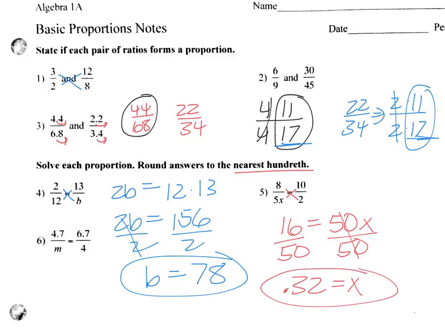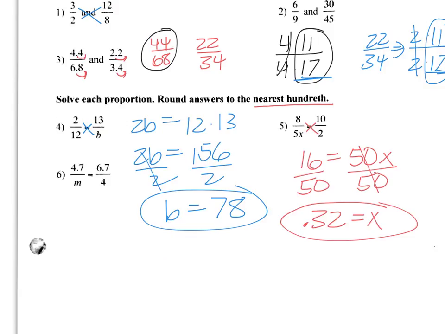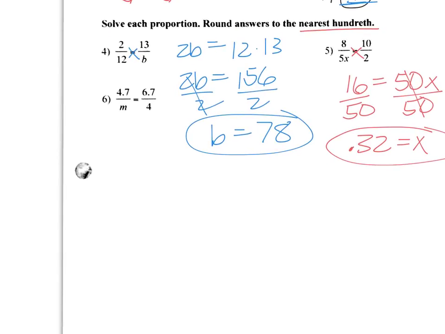So, all right, let's do this last one here. Again, just cross multiplying. I'm going to grab my calculator here for this one since it is decimals. So I'm going to cross multiply and get 6.7m equals, now we'll type this in, 4 times 4.7, so 4 times 4.7 is 18.8, divide by 6.7.